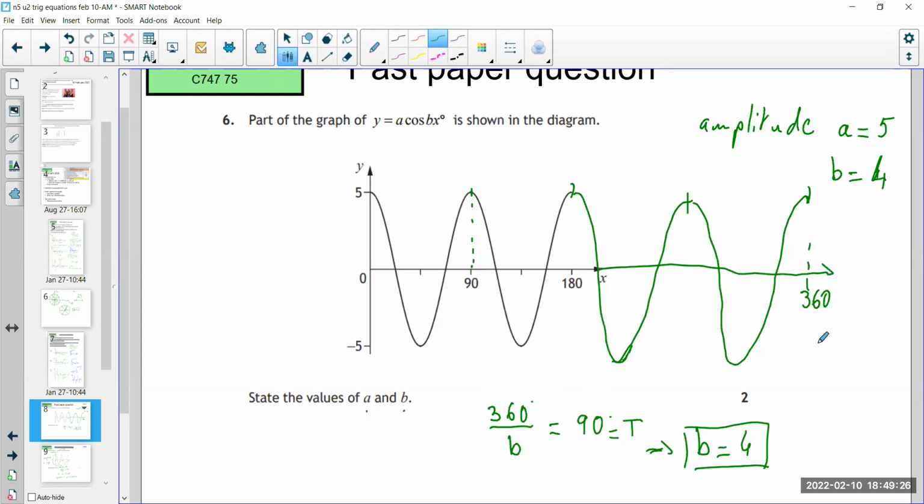So it's up to you. Some of you might be good at remembering formulas. Some of you may say, I think if someone tells me sine 2x, I just put 2 of the sine wave within 360, which means the period is, instead of 360, 180. Here, when you've got 90, B equals 4.